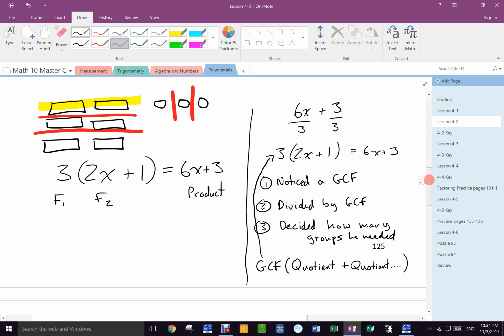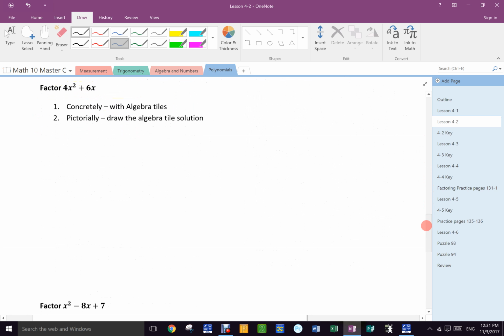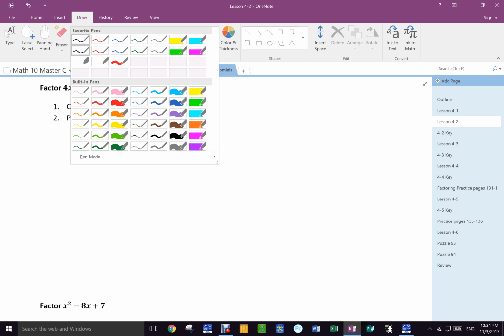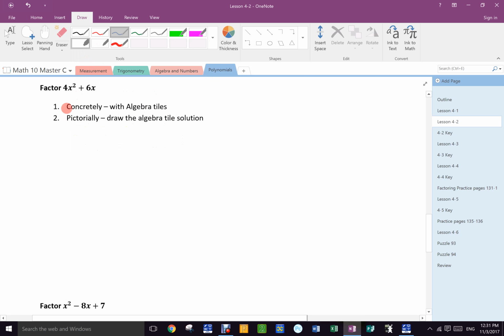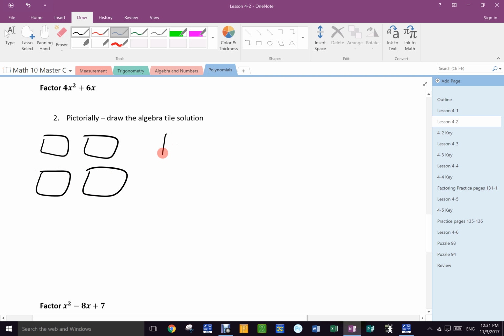Now we're going to turn the page. You guys are not going to do the algebra tiles one, but you're going to watch me do it. What's the only way I can split these up the same?